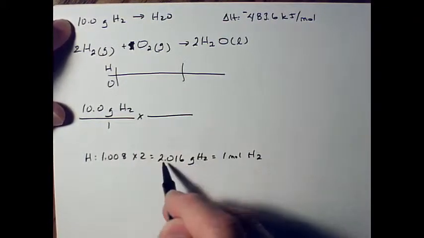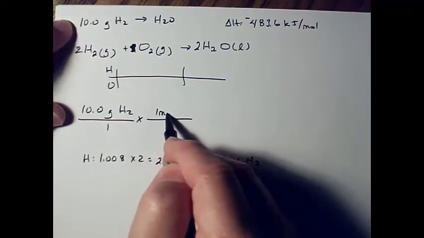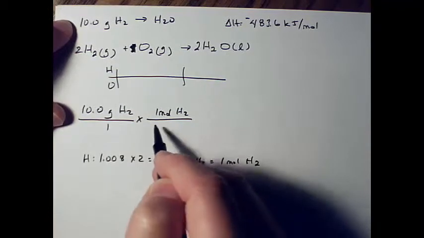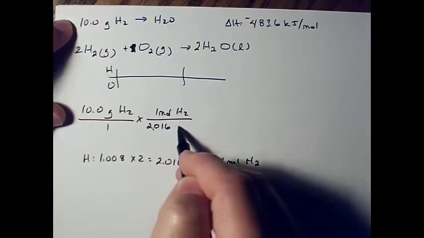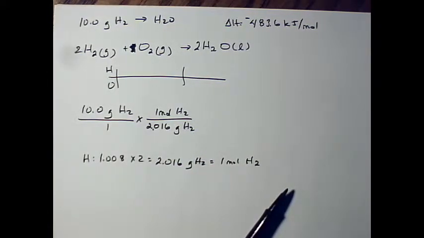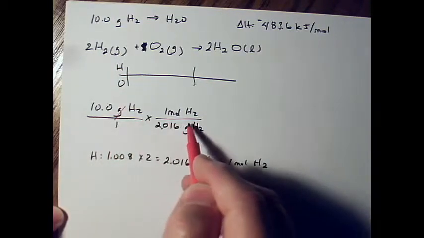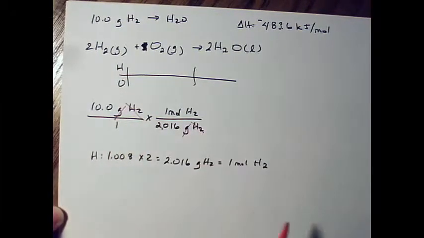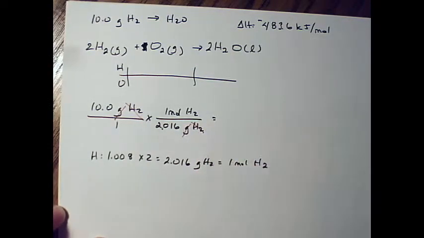And so from this equality statement, I can build a conversion unit, 1 mole of H2 and 2.016 grams of H2. I put grams in the bottom so that I can cancel grams. Okay, and so we're going to do this multiplication or this division, and we're going to end up with the moles of H2.